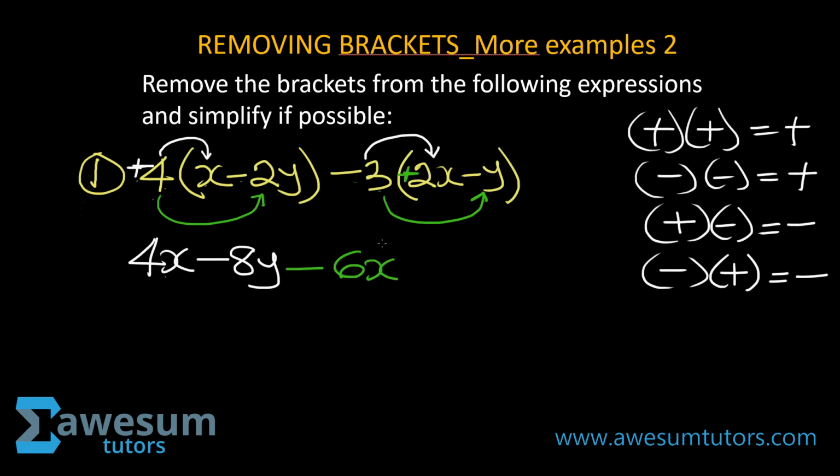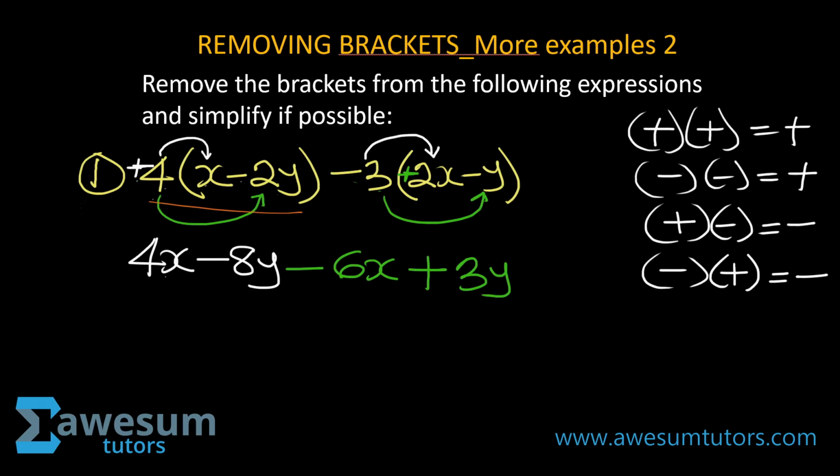Very easy. Negative times negative gives you positive because they are like signs. 3 times y gives you 3y. Very good, guys. As you can see, we have been able to open up this bracket to give us this, and also this bracket to give us this.